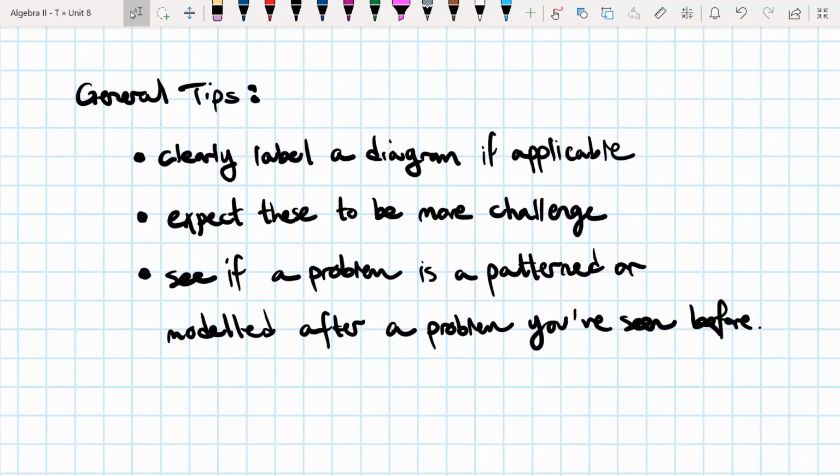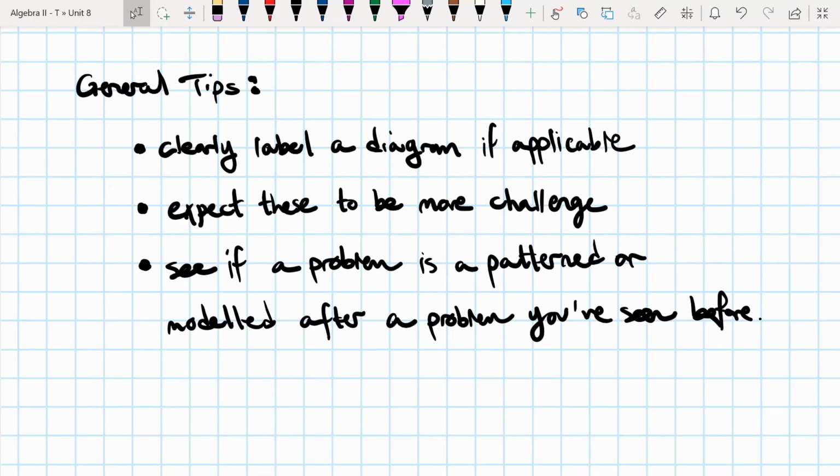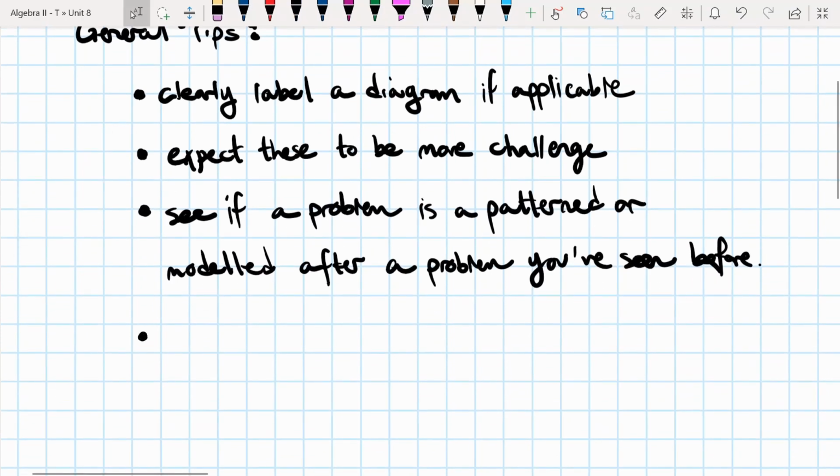Okay, the best way I think you guys are going to get good at these types of questions is just by doing a lot of questions so you can get an idea of how you can kind of think about setting up the equations.